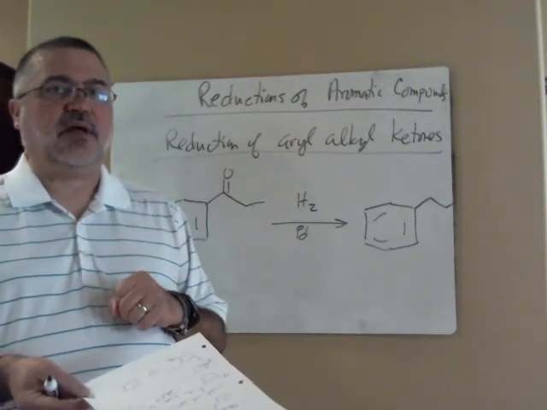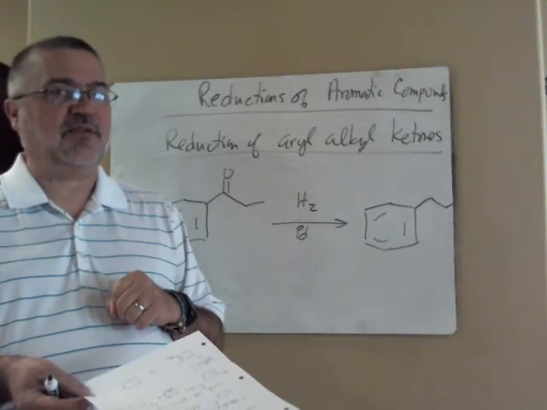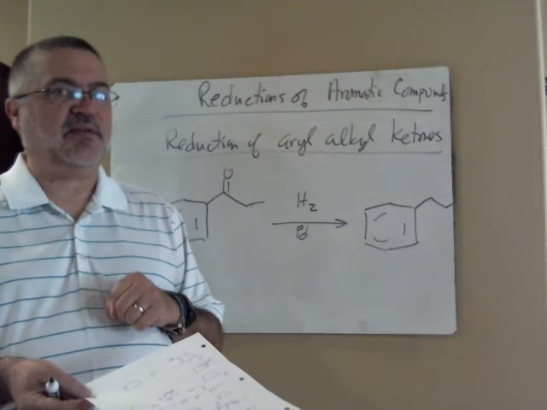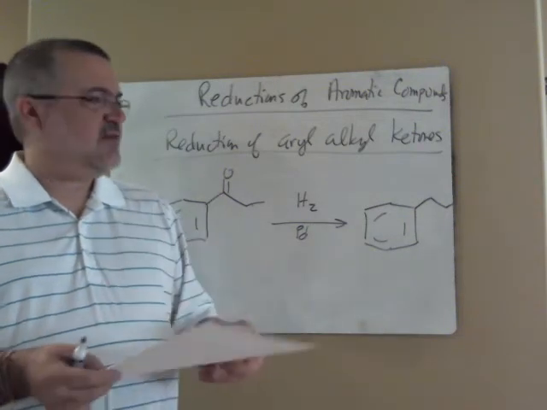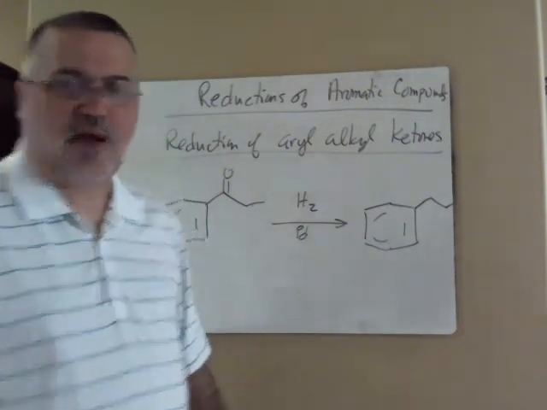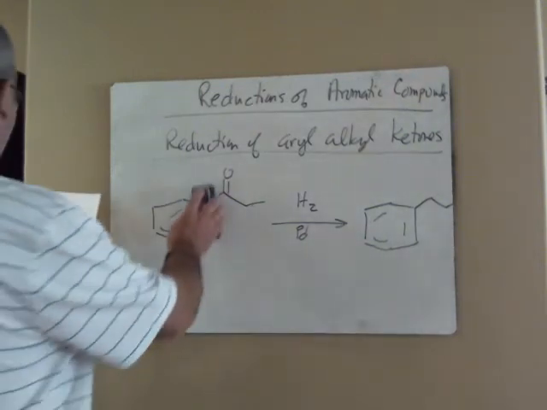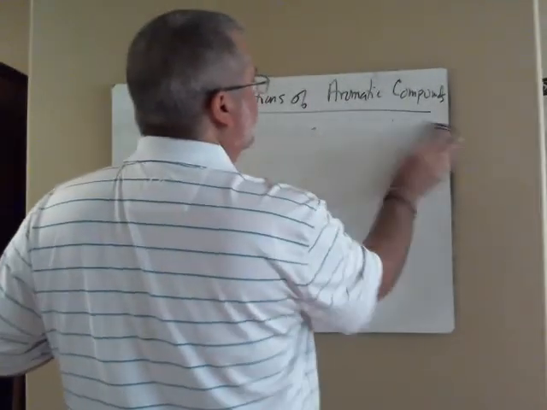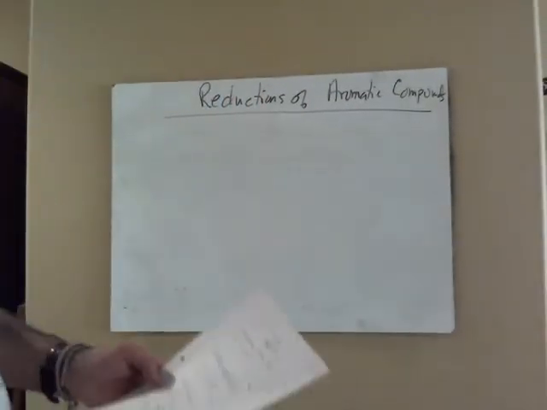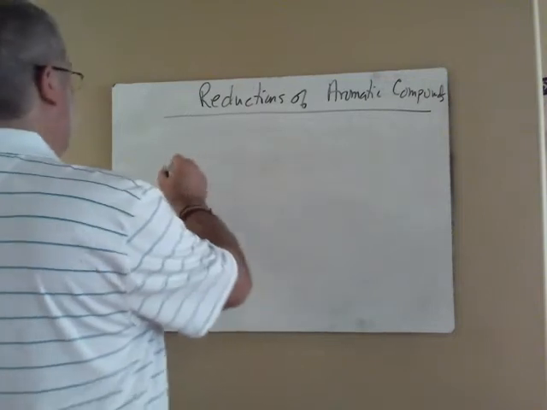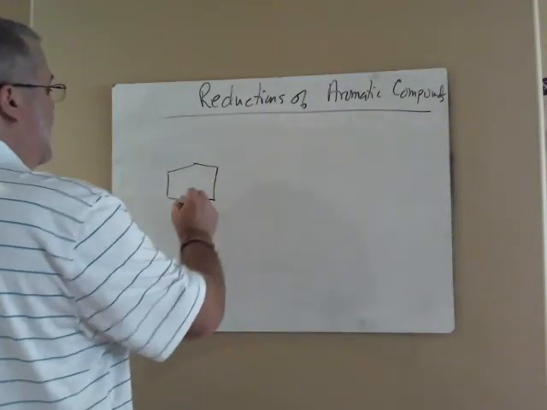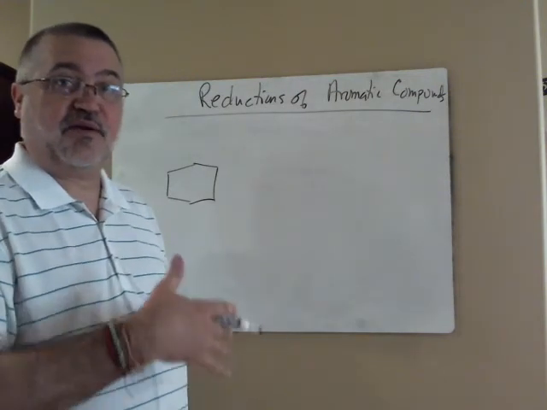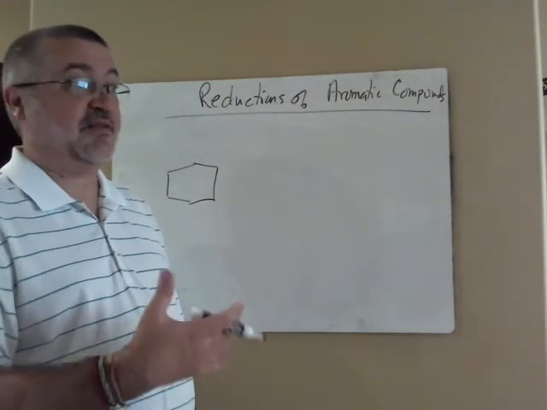And this is really interesting because we've seen this same reduction before. Do you remember the Clemmensen? It did the same thing, didn't it? So this is another reaction that does the same thing. And that's important to know because look at a situation like this. Remember when we had, in that past example, when we were doing a Friedel-Crafts acylation and we wanted to remove the carbonyl and we used Clemmensen, that was a synthetic utility.